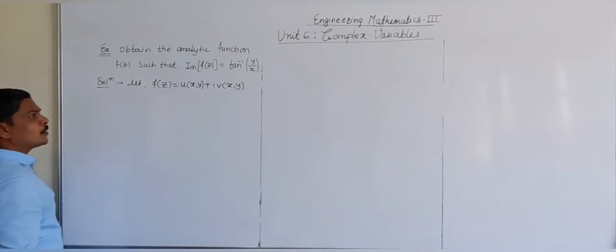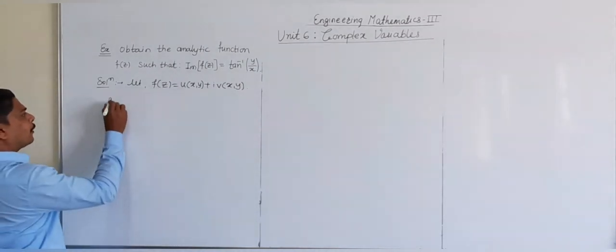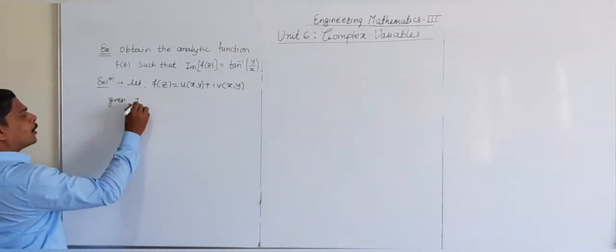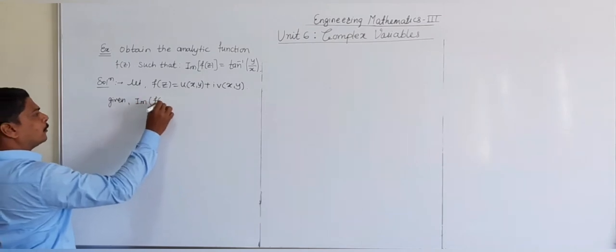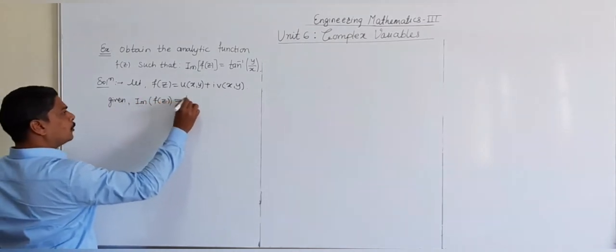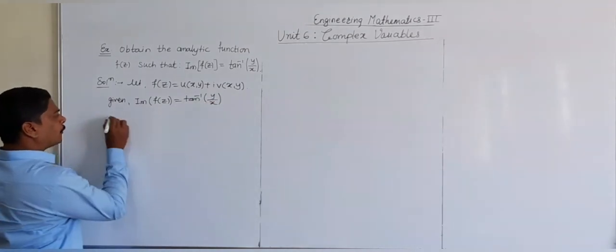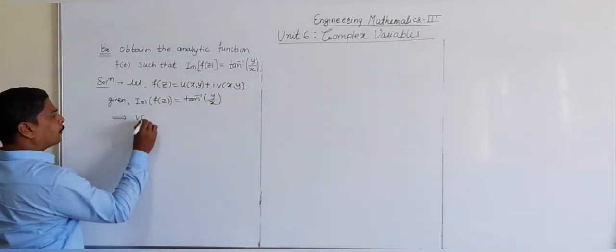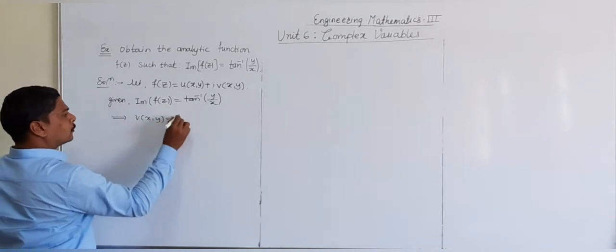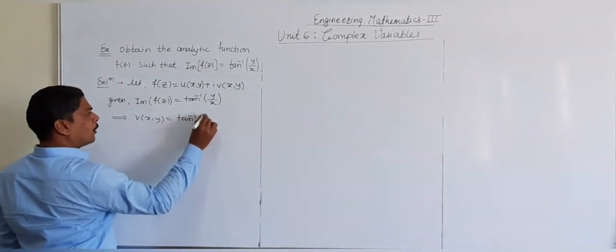Okay, which is an analytic function, and we have been given the imaginary part of f of z, which is equal to tan inverse y upon x. Okay, imaginary part of f of z means we have been given phi of x comma y. So this becomes tan inverse y upon x.